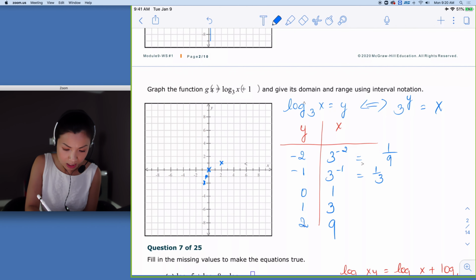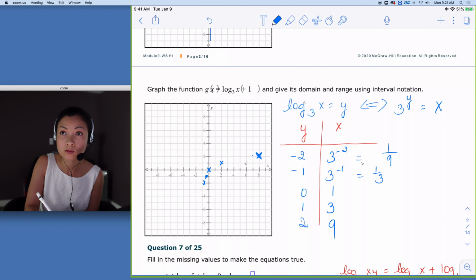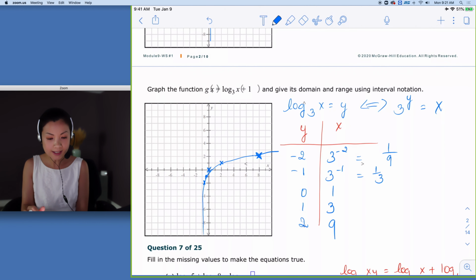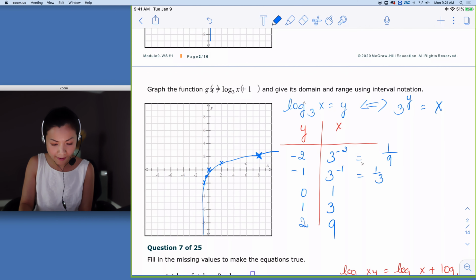So it's going to be (8, 2). And I'm ready. Okay, so that's how we take care of the graph.